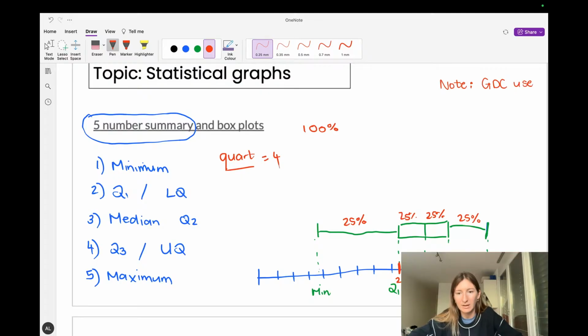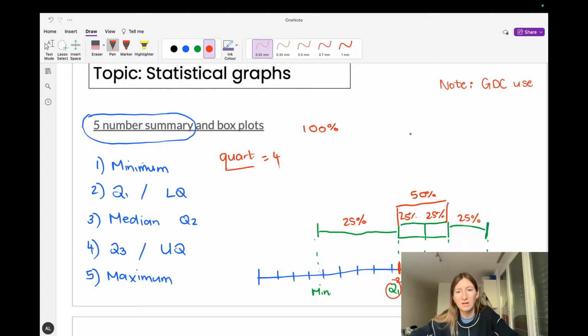You have to look at your graph and say, oh, 21 is my quartile 1, 38 is my quartile 3. Well, that means between my quartile 1 and quartile 3 there is 50% of the data. So between 21 and 38, there is 50% of the data.